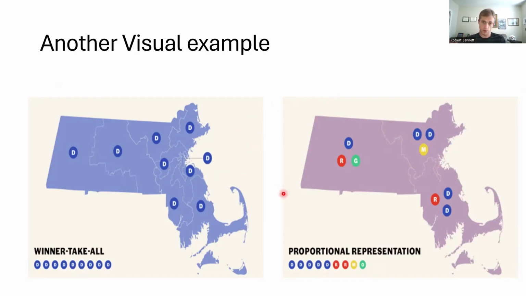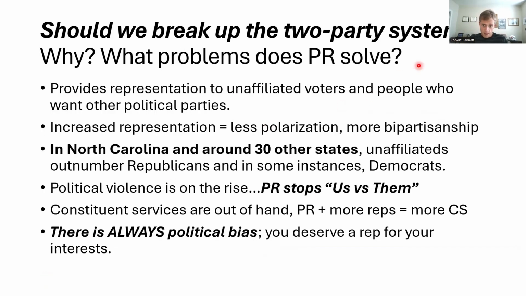So that's the real key to understanding how this works: it's not just one party representing each district. It's multiple parties or representatives really per district. I want to make sure I repeat that so that it's clear to everyone who's watching this.